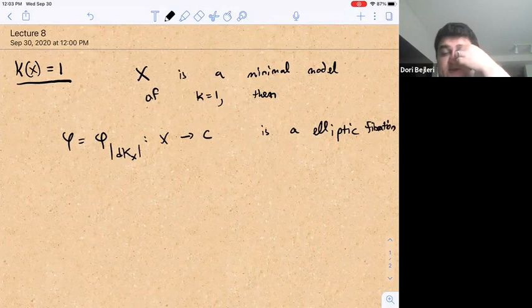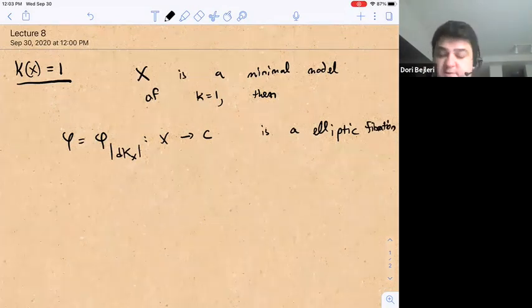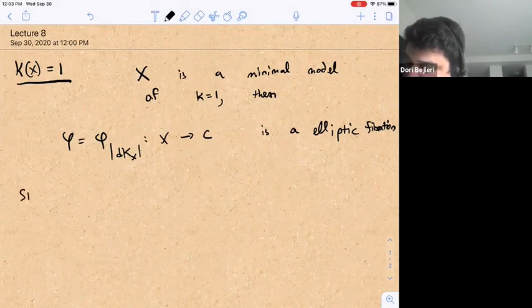And so to classify such X, we wanted to classify elliptic fibrations. And so we did this in 2 steps. Step 1 was classify the fibers.